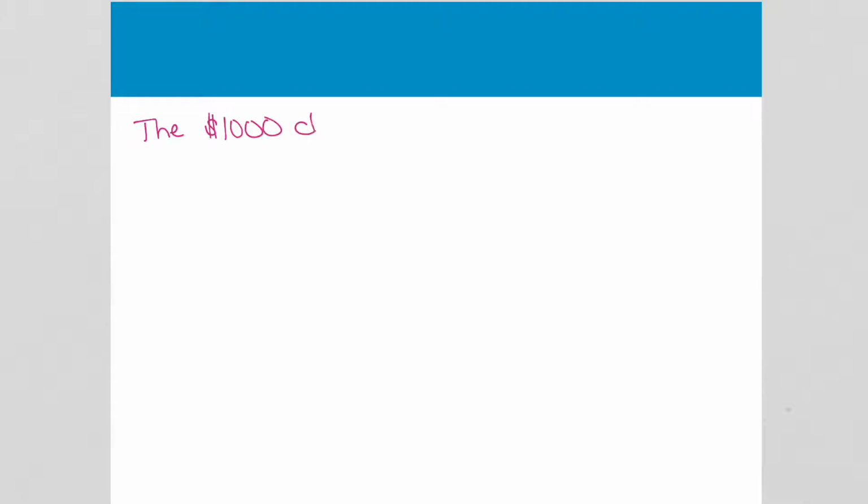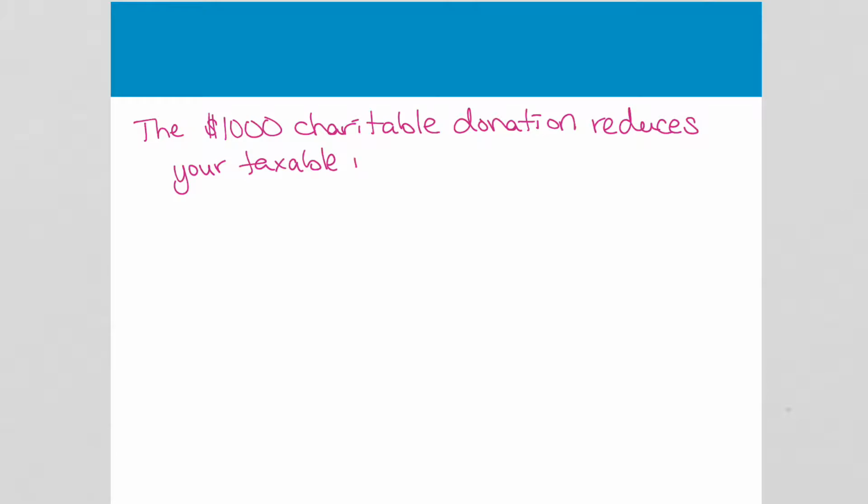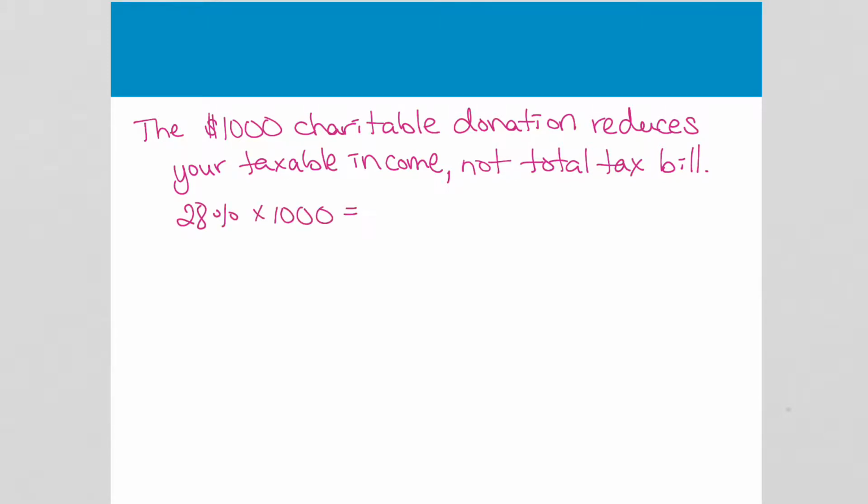The $1,000 charitable donation reduces your taxable income, not your total tax bill. So if you're in the 28% tax bracket, 28% of $1,000, it's going to save you $280.